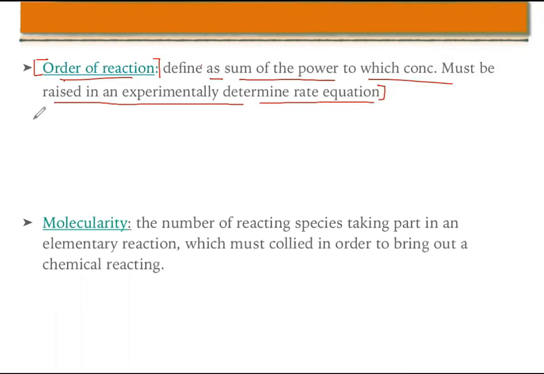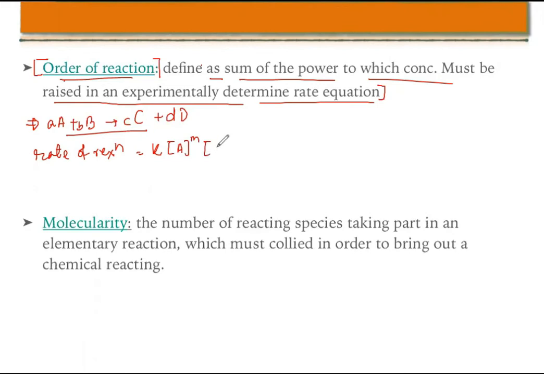Let us take the hypothetical reaction, for example: a moles of A is going to react with b moles of B and going to produce c moles of C and d moles of D. For this hypothetical reaction, the rate of reaction is K, the rate constant, times the concentration of A raised to the power m, and the concentration of B raised to the power n.